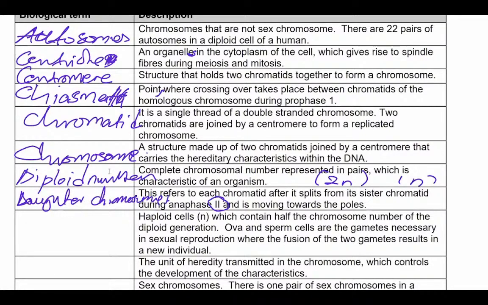So that's why daughter chromosomes refers to each chromatid after it splits from its sister chromatid during anaphase 2 and is moving towards the poles. See, now it makes sense. Makes sense, right? All right.